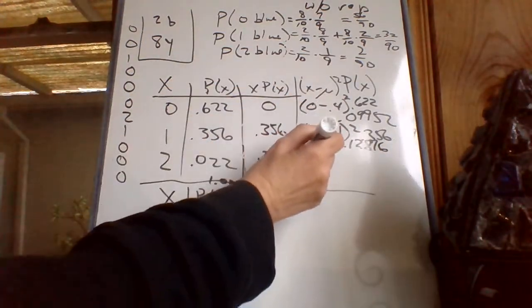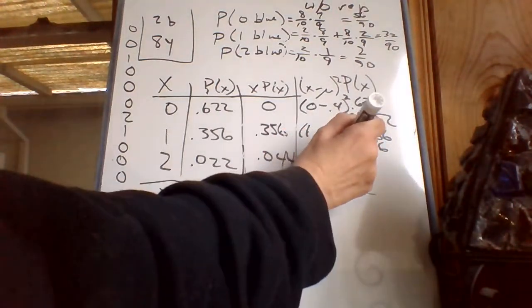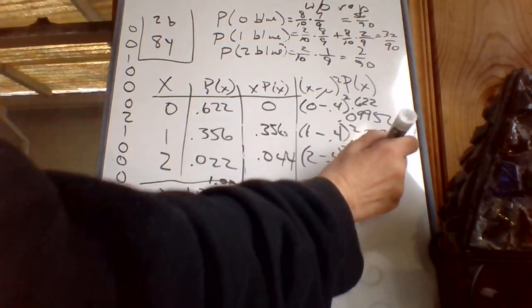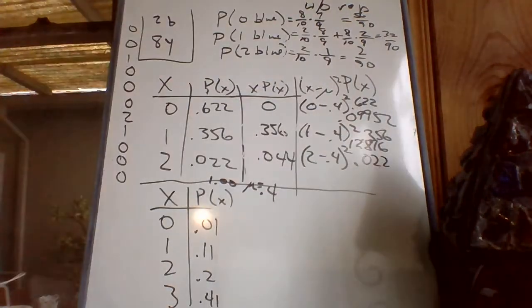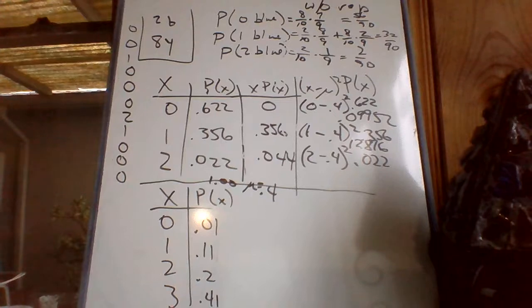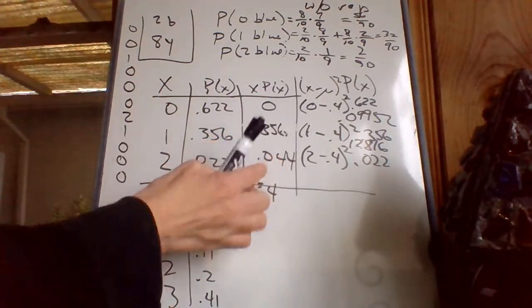All right, and 2 minus 0.4 is 1.6 squared, and then multiply times 0.022. Okay, the notes are not correct here. It's so much my habit. Oh, I need to grab a quick number with some decimals in it, and I suddenly end up in this column.